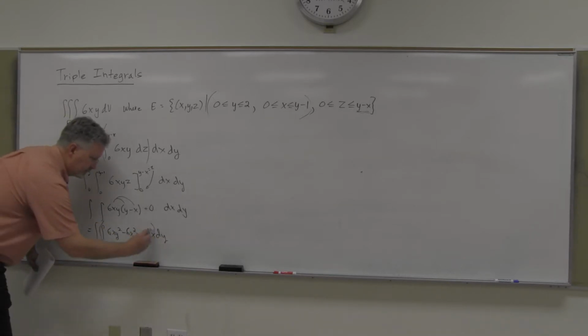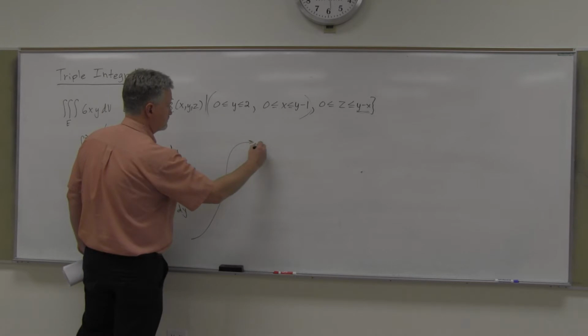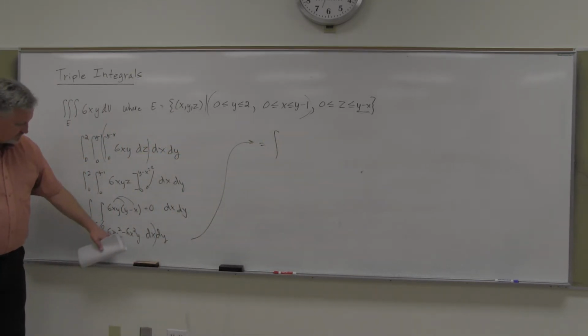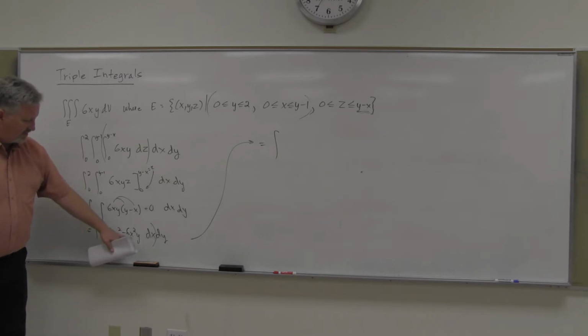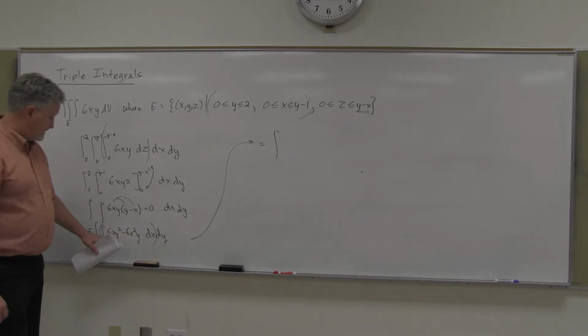Now I'm going to do the x's. The antiderivative is a pretty nice one as far as antiderivatives go. We're doing the x's, so treat the y's as fixed constants.